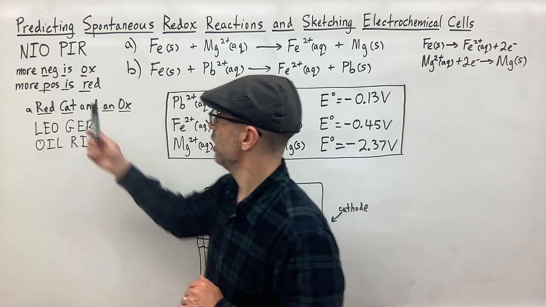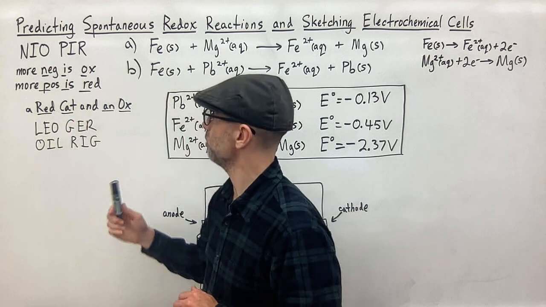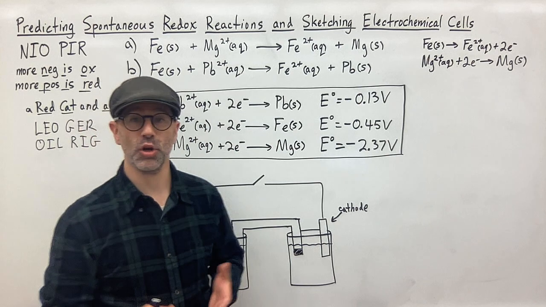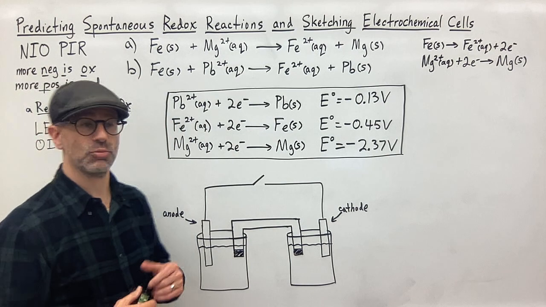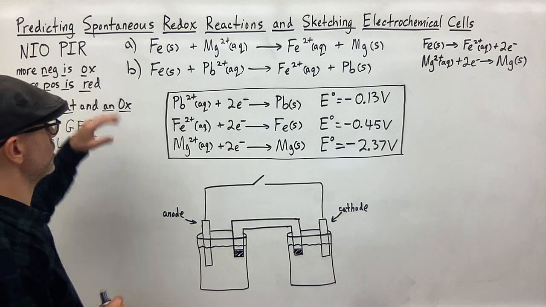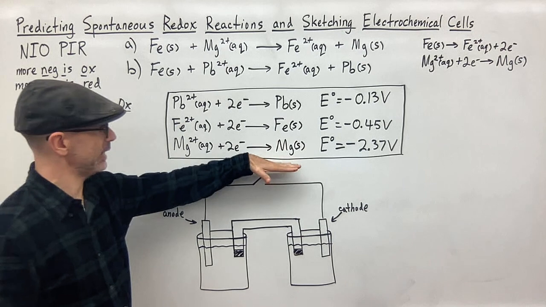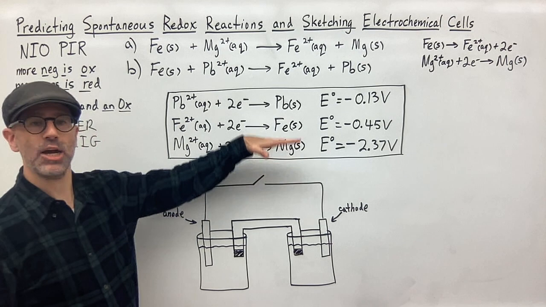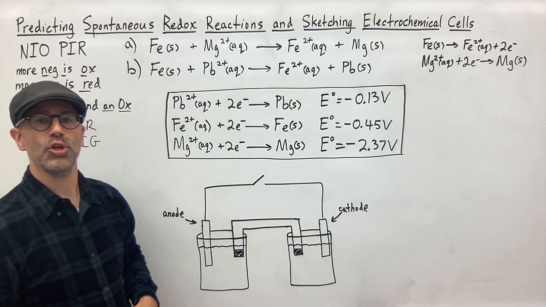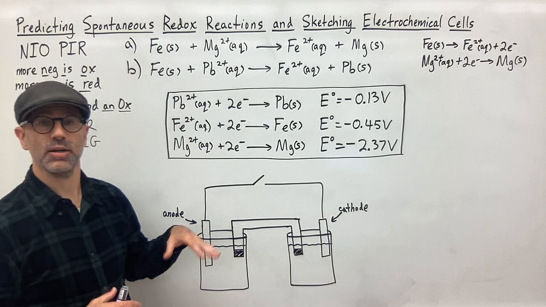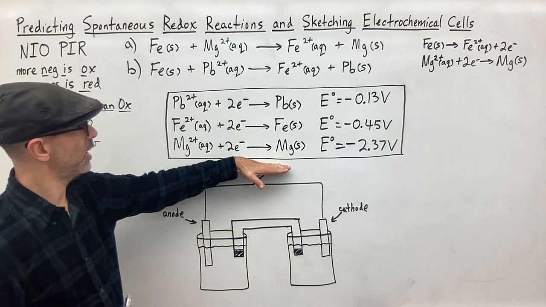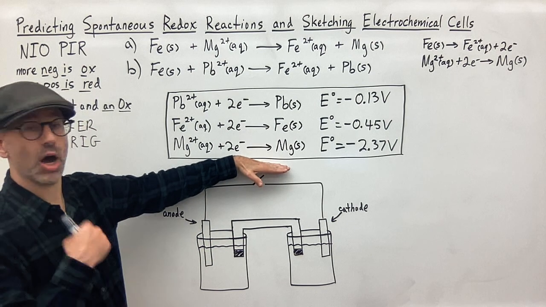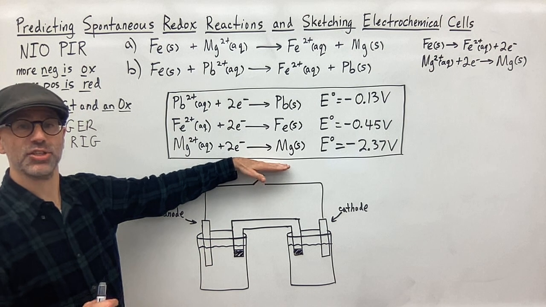And so this is a mnemonic device to help us remember which one is going to be oxidation, which one is going to be reduction. The idea here is that if you're higher on the table, you are going to be more reduction. Therefore, you're more likely to undergo reduction than oxidation.